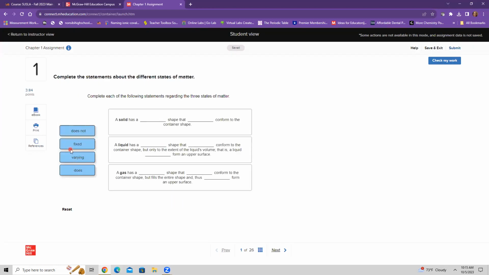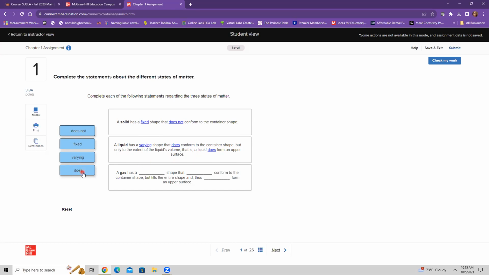But okay, so here a solid has a fixed shape, right? That does not conform to the container. See? A liquid has a varying shape because it is not set, that does conform to the container. And it says that a liquid does form an upper surface. So does a solid, by the way.